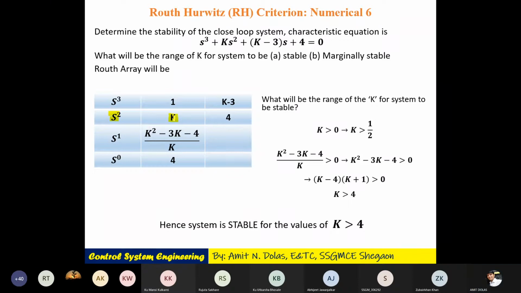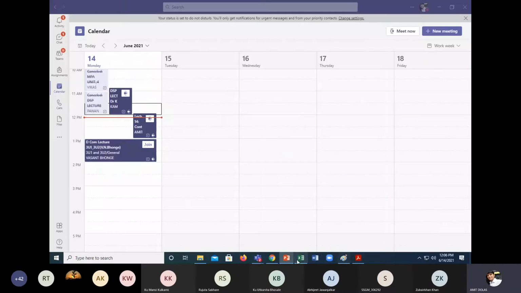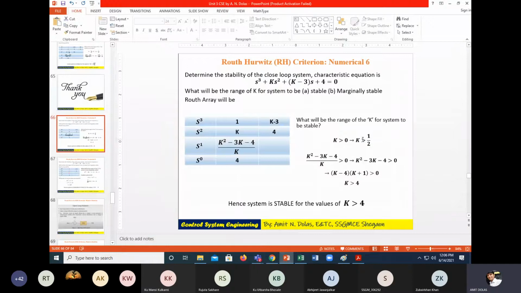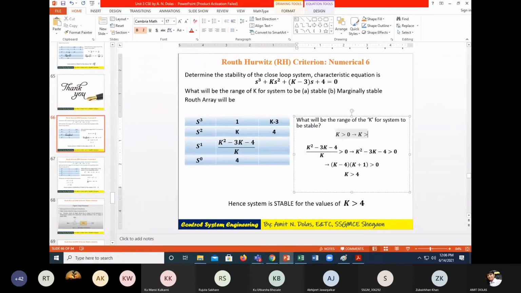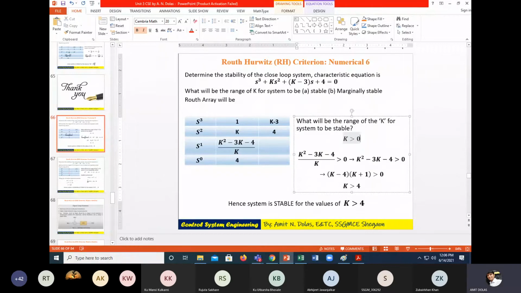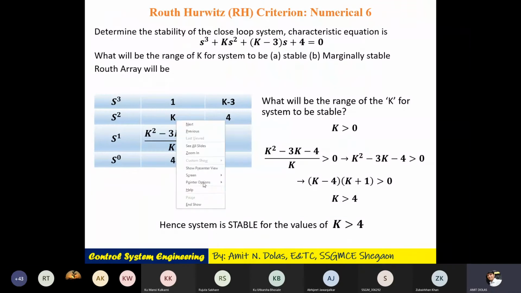Therefore we have to consider k greater than 0, so that it will be positive. So the first condition is k should be greater than 0 for this column.